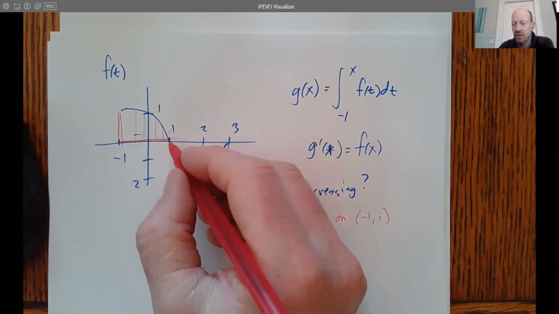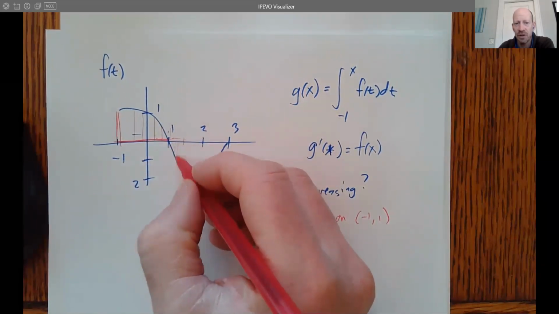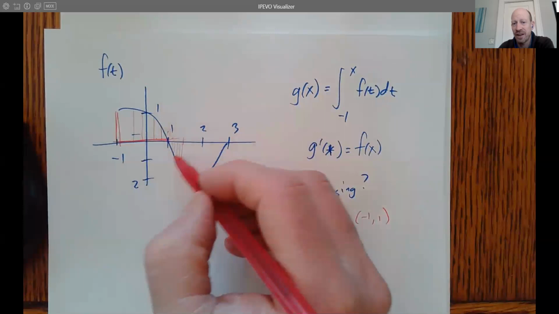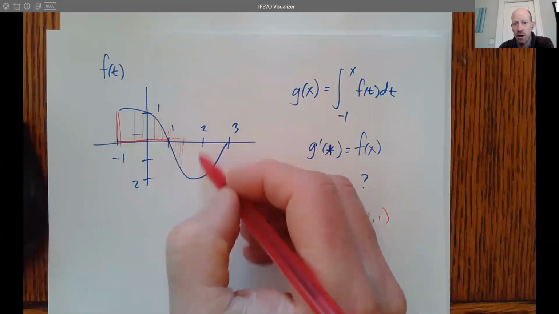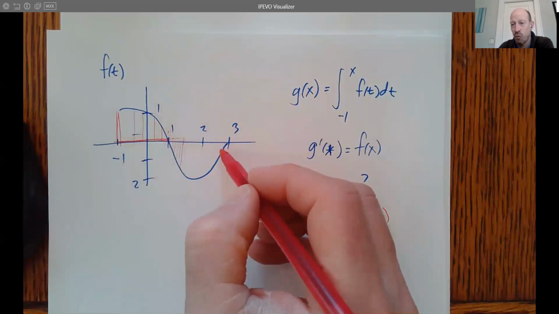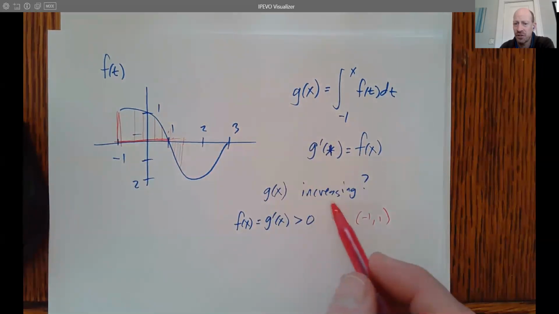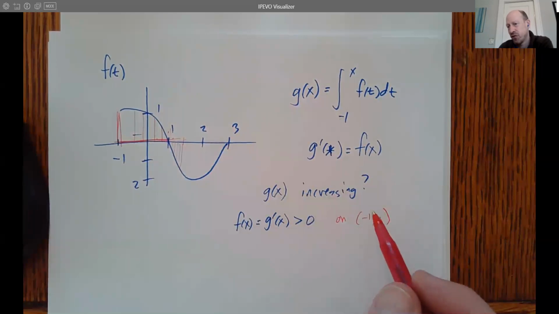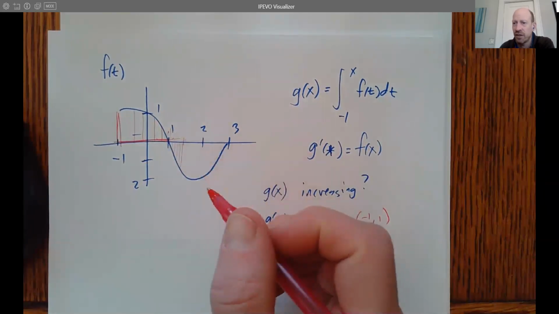But as soon as x hits and moves past 1, all of a sudden I'm gathering negative area. So my total value for g of x is going to be getting smaller after 1. And it's going to be getting smaller all the way through here, because at every juncture I'm adding more negative area. So you could also answer the question that way. g of x is increasing from minus 1 to 1 because after 1, g of x is getting smaller because of the sign of the area that it's adding.